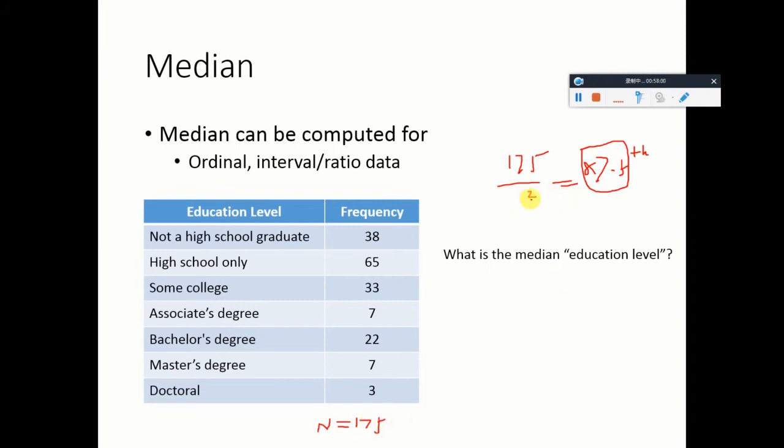I'll say it again. Median is the value that divides the sample into 2/2. So that's why we divide this number by 2. We want to find a half value for 175, and it turns out 175 divided by 2 is 87.5.